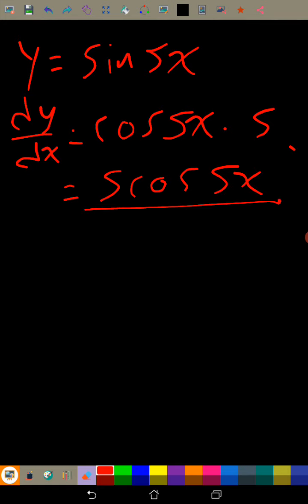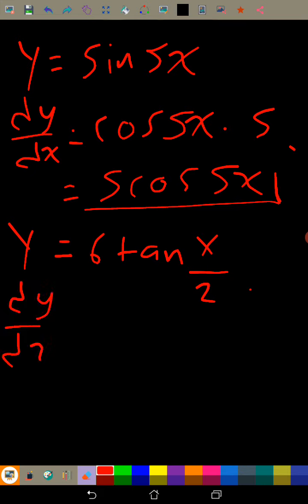That's the answer. And then I have y is equal to 6 tan x divided by 2. dy by dx, simply 6, and then I have sec square x by 2.